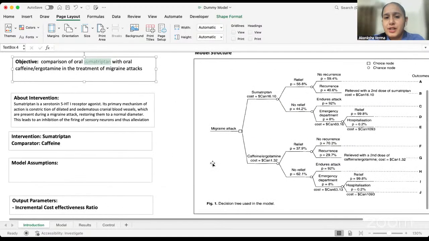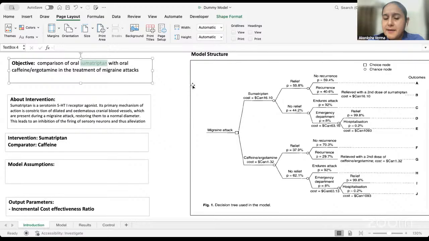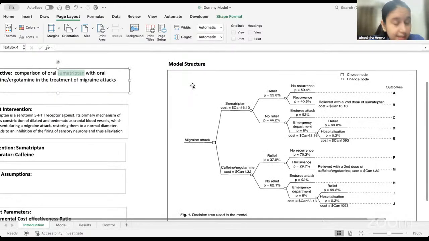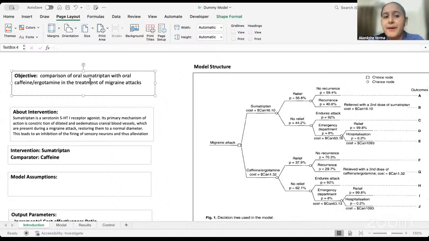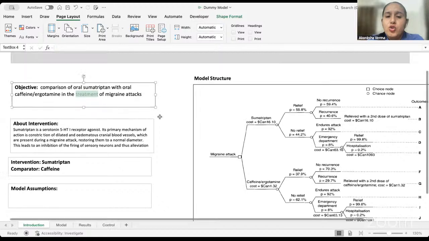Now, when you're constructing a model, the first step is to know what you want to do. We know the objective is to have an economic evaluation of oral sumatriptan versus caffeine.